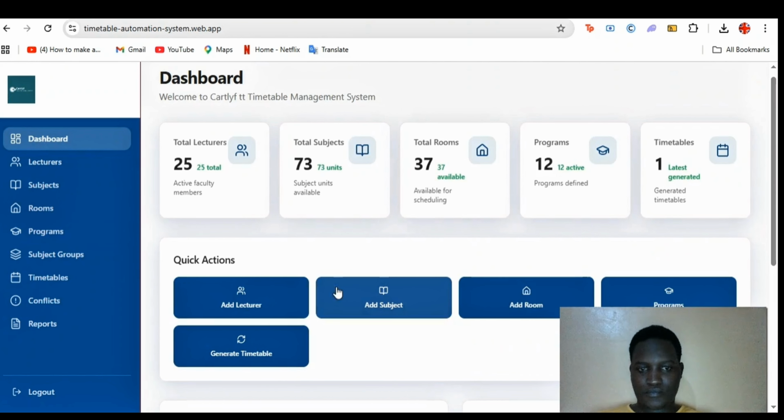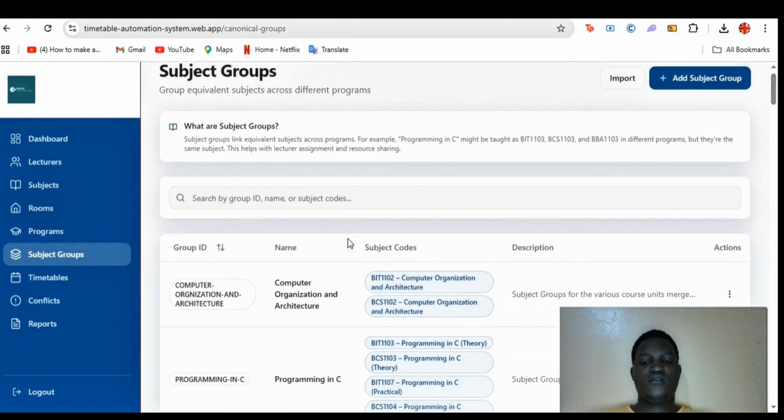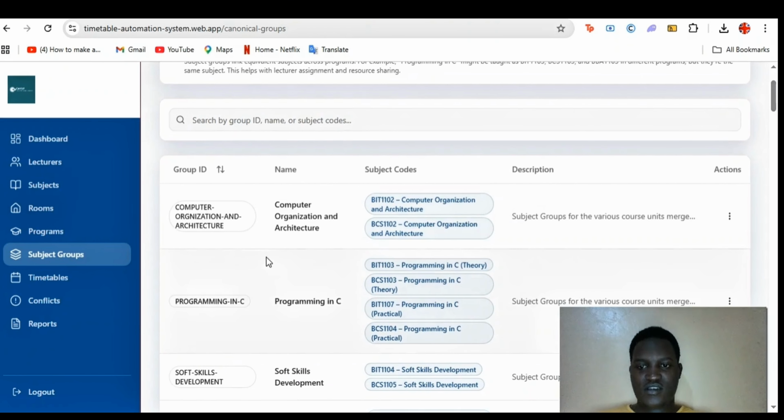And then the system uses, specifically for Inspect University, and I think other institutions, something called subject groups. So subject groups are essentially all the course units there, but now grouped. So, for example, course units like computer organization and architecture. This is a course unit that is shared by students of Bachelors of Information Technology and students of Bachelors of Computer Science.